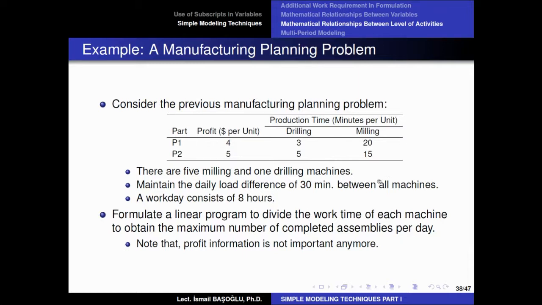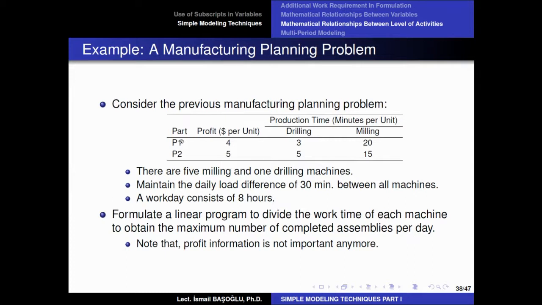Now, this time we are going to change the objective function. Okay. Remember now, our previous objective function was to maximize the profit, but this time our objective is not to maximize the profit, but we are trying to maximize the number of completed assemblies per day.